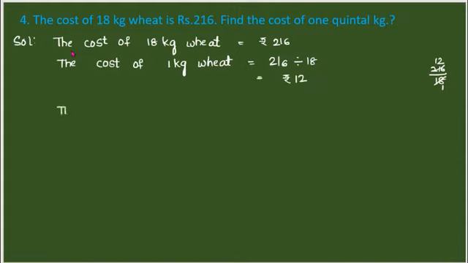Therefore, the cost of 1 quintal, 1 quintal in bracket you can write as 100 kg, equals 12 must be multiplied by 100.